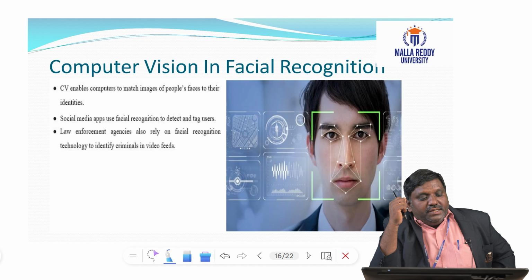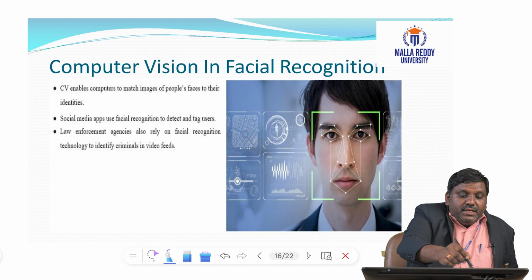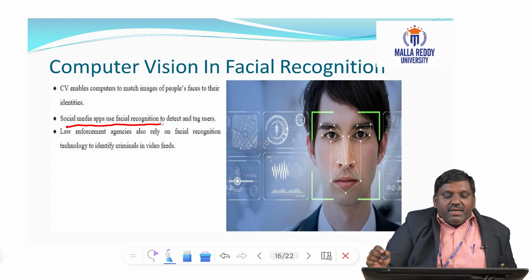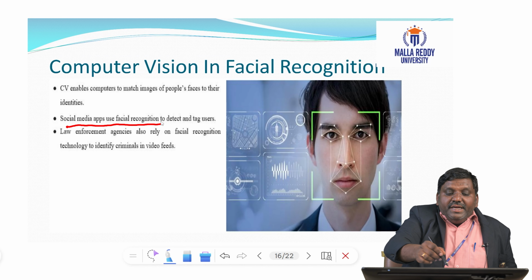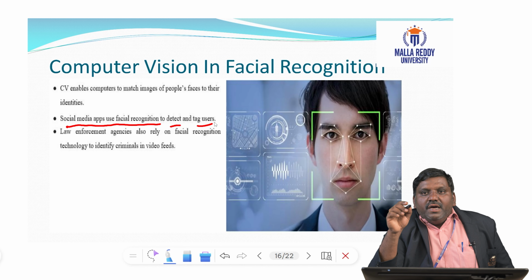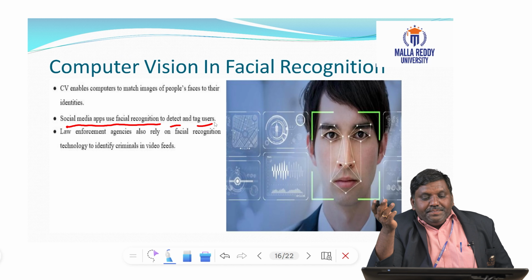Then in facial recognition, the main application is social media applications. With the help of this facial recognition system, we can easily detect the tagged user, who is the authenticated user and who is the tagged user, that we can segregate.